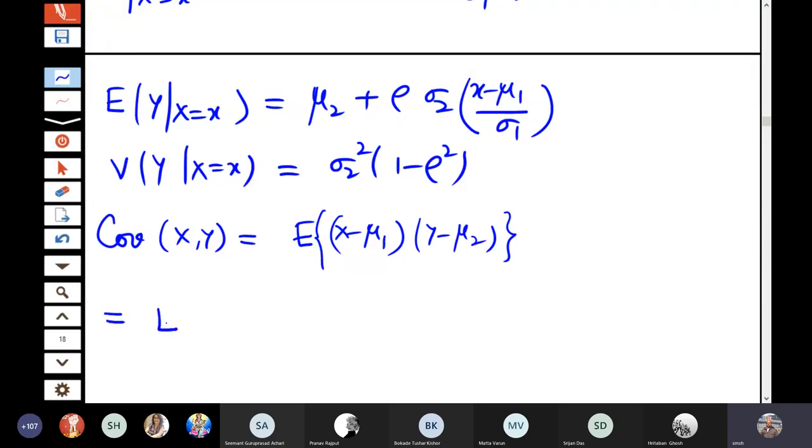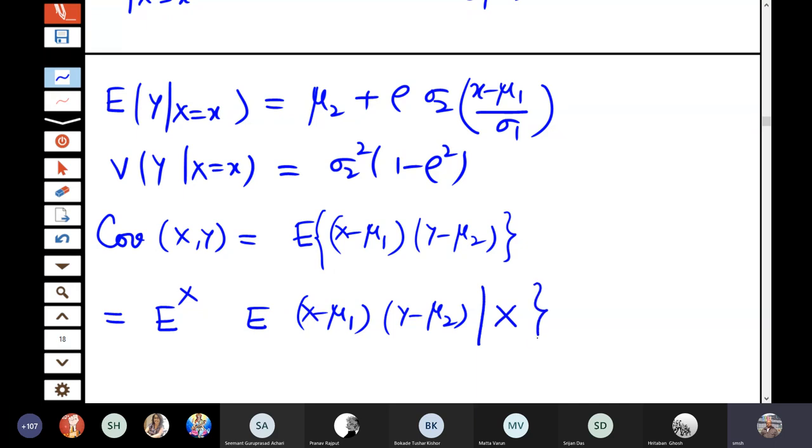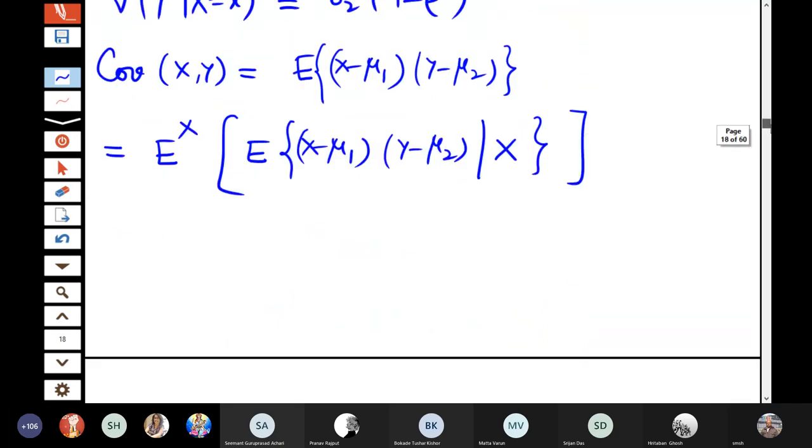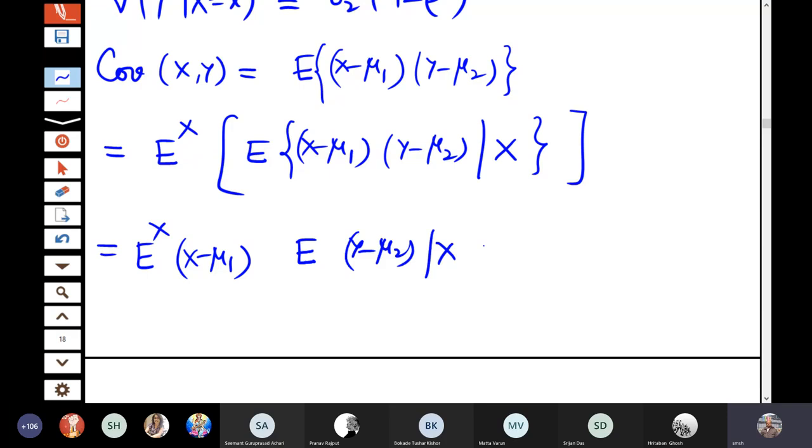That means I can consider the expectation of (x minus mu1)(y minus mu2) given x, that is, with respect to the conditional distribution of y given x. If x is fixed, then (x minus mu1) I can take out, and I am left with the expectation of (y minus mu2) given x.